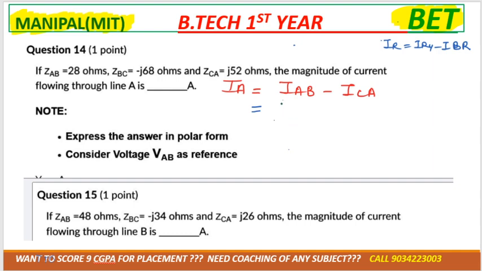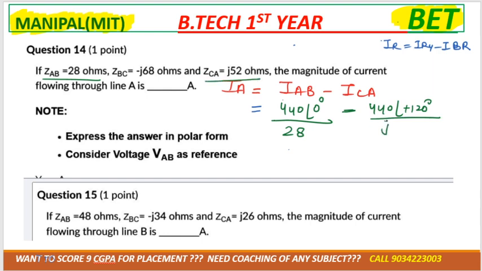For that you need to calculate 440 angle 0 degree divided by ZAB, that is 28, minus ICA, so 440 angle plus 120 degree, and ZCA is J52, or we can write 52 angle 90 degree. So basically you need to solve it and then you will get IA, right?